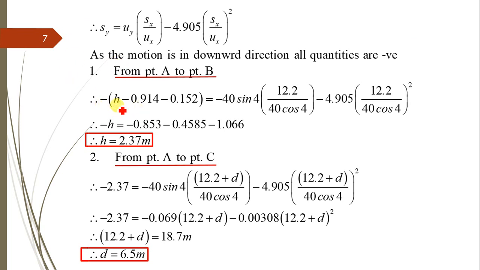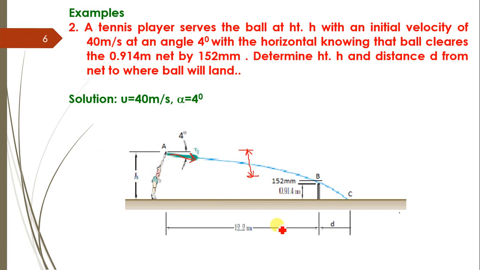So minus, h minus 0.914 minus 0.152. Then uy is the vertical component of velocity, so minus 40 into sine of 4. The minus sign is just because the motion is in the downward direction. Therefore, next 12.2 is the horizontal displacement between A to B.